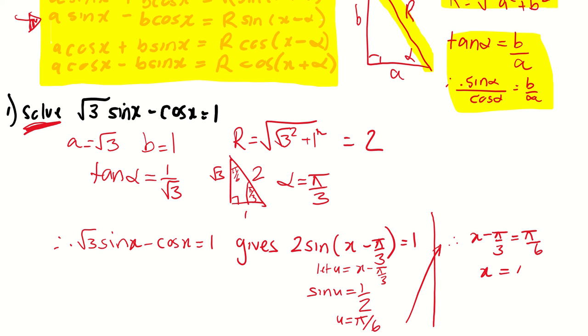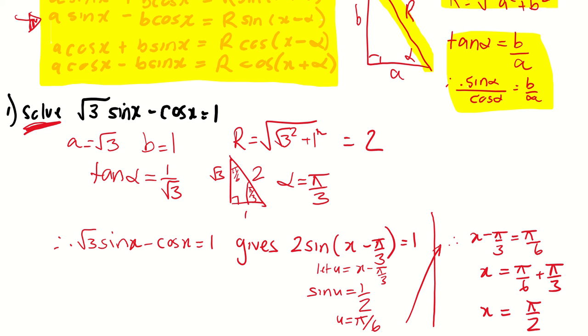So then I'm going to have x is equal to, so what do I have? Pi on 6 plus 2 pi on 6 gives me 3 pi on 6, which simplifies down to pi on 2. So there's my answer. I've solved that equation for x.